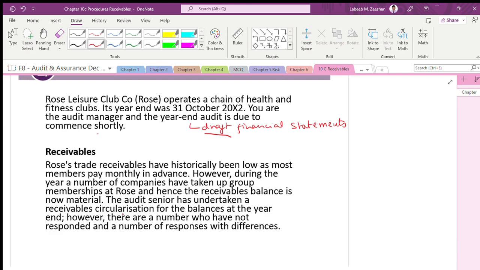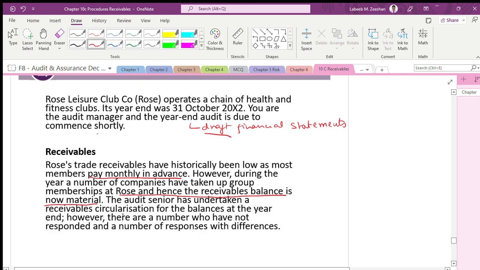Those trade receivables have historically been low as most of the members pay monthly in advance. However, during the year a number of companies have taken up group membership at Rose and hence the receivable balance is now material. We are not talking about individuals.